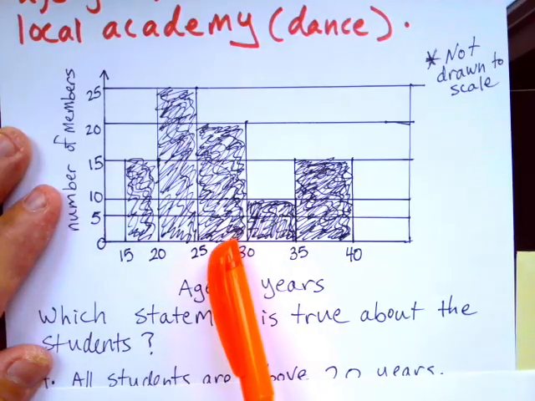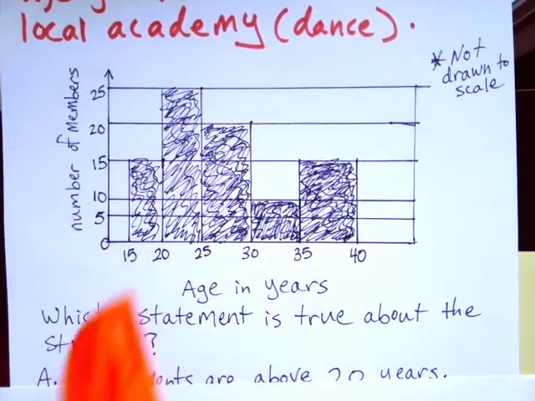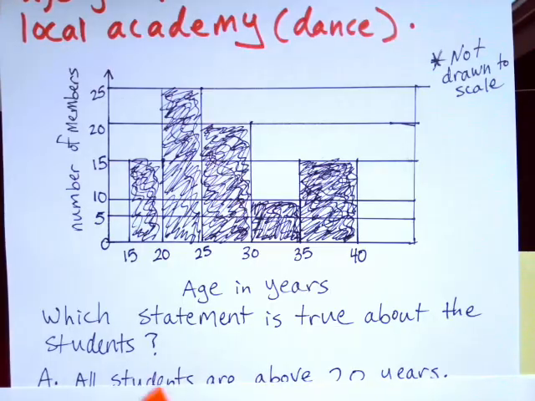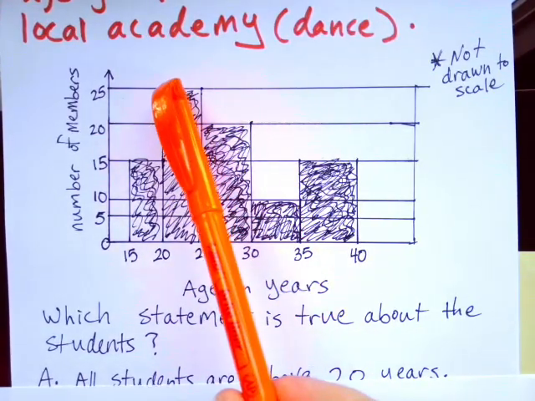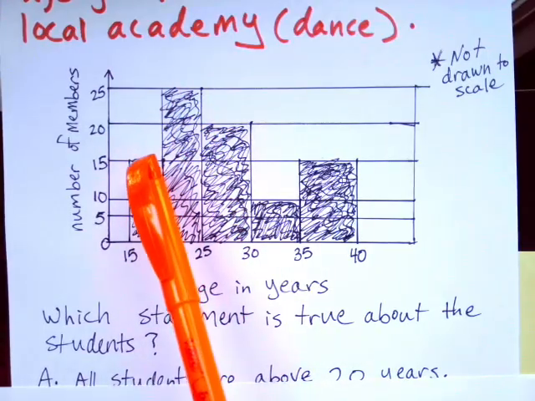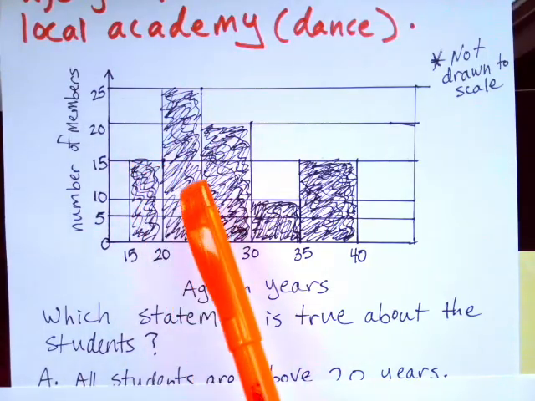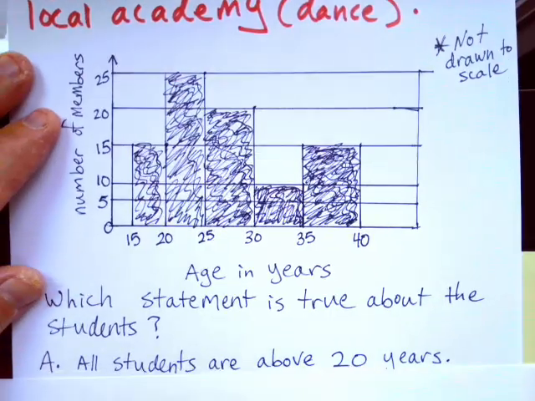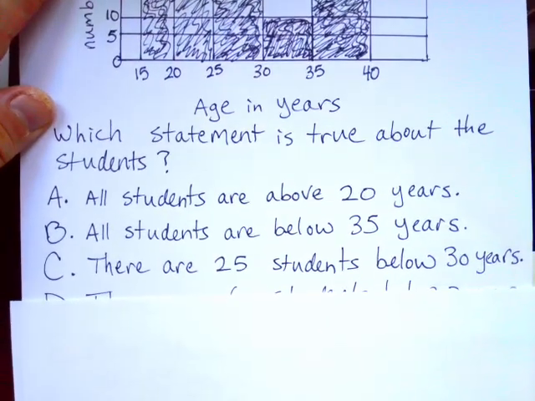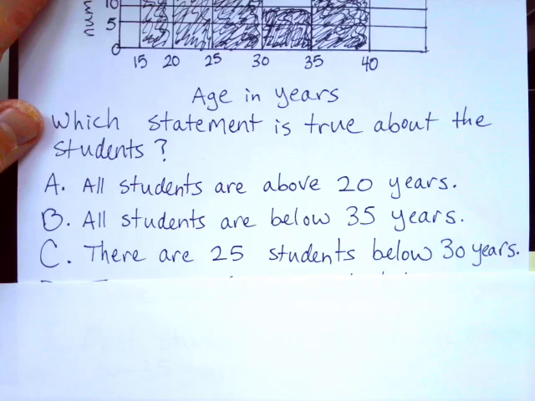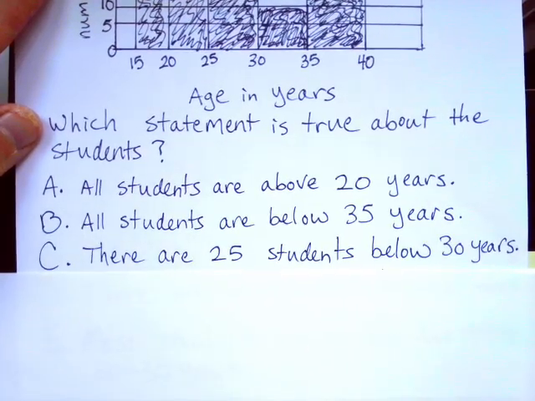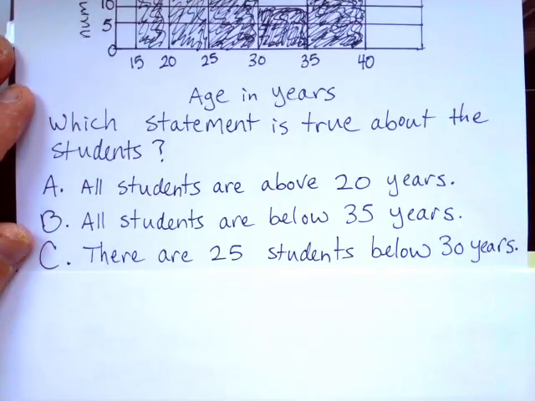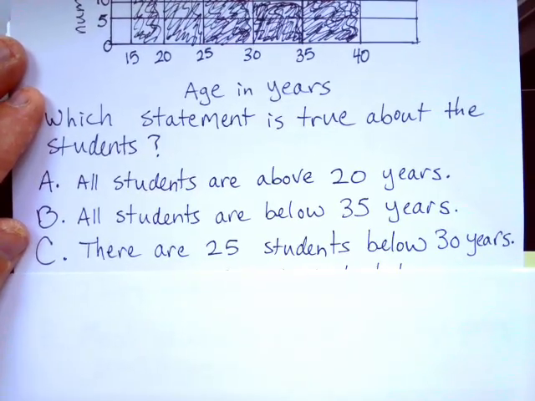And if you add them all together, 20 plus 25 is 45, plus 15 is 60. So let's go back and see for option C. There are 25 students under the age of 30. Oh, interesting. Okay. So option C, I believe, is a true statement.